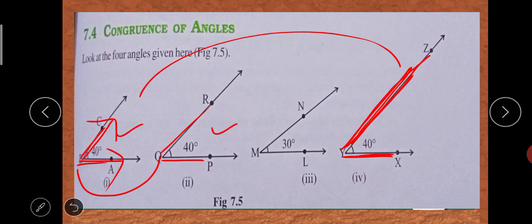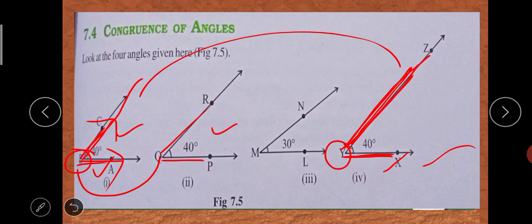On superposition, you will find these two angles are congruent. Why? Because both angles show 40 degrees. If you place Y on B, then we will find that YZ will be over BC and YX will be over BA. That means angle ABC is congruent to XYZ.